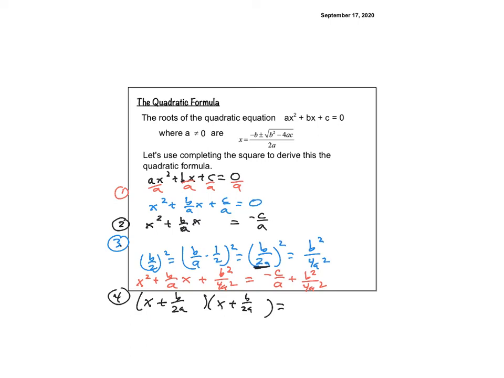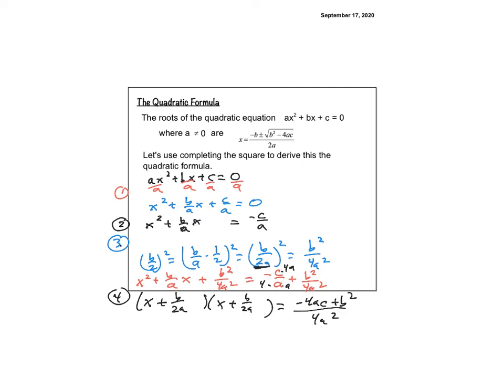A common denominator is 4a squared, so I have to multiply this by 4a and multiply by 4a. So over on this side, I'm going to get a negative 4ac plus b squared all over 4a squared.